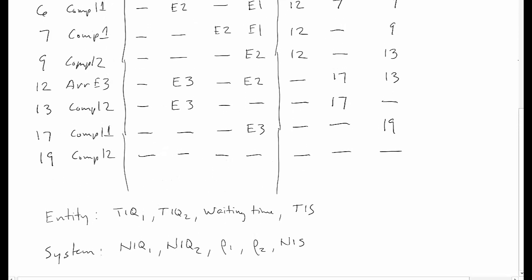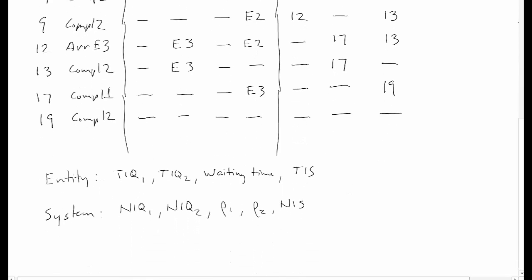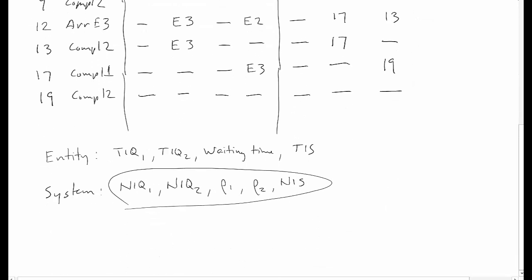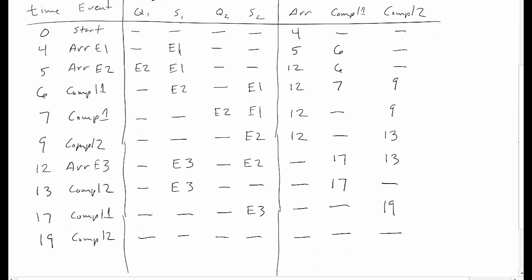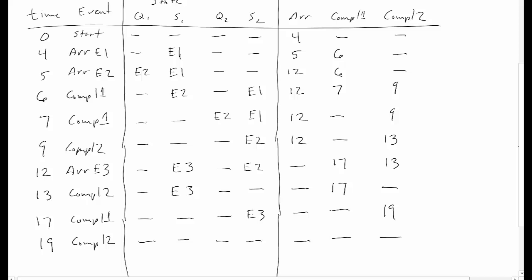So as we did before, if we wanted to, we could simply expand our table to include the system state that we would track as the system progressed. So we would have to have one system state variable for number in Q1, another one for number in Q2, one for the binary server 1 busy, the other for the binary server 2 busy, and then finally the total number in system.